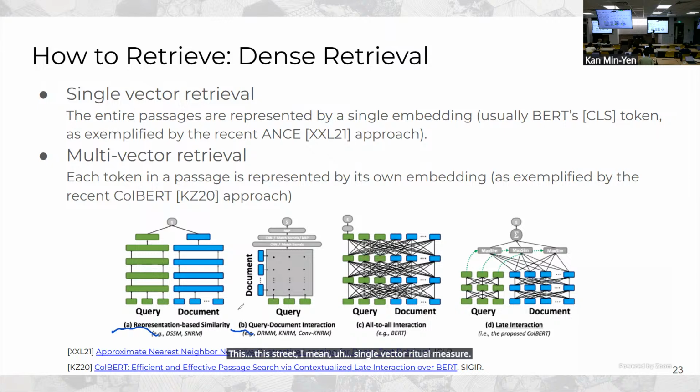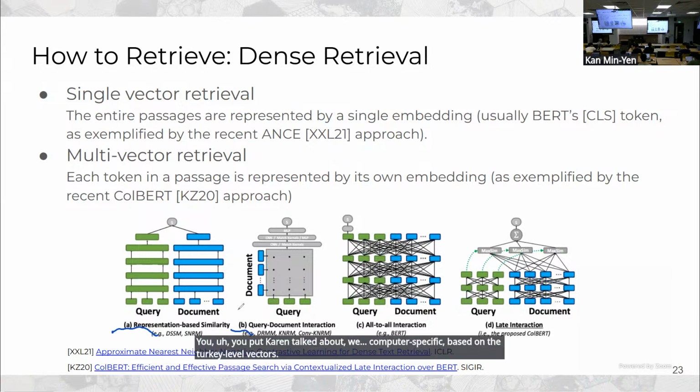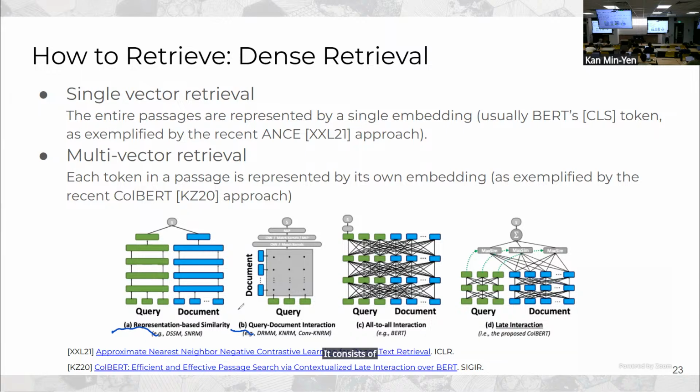For figure D, a representative method is called ColBERT. It's a kind of late interaction. We can see from the figure, given the input query and document, we first use the encoder to encode them independently. Finally, we compute the similarity based on the token level vectors. For example, a query consists of a number of tokens, and each token corresponds to a vector.